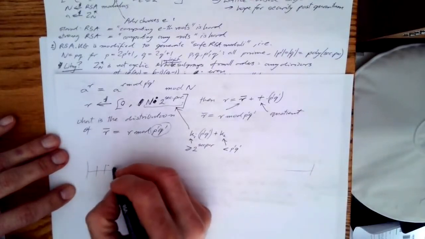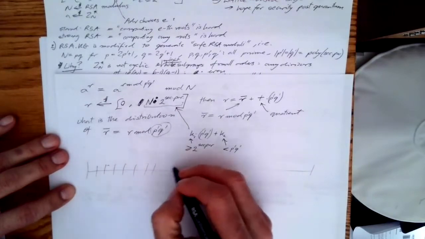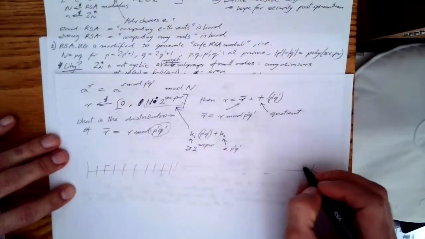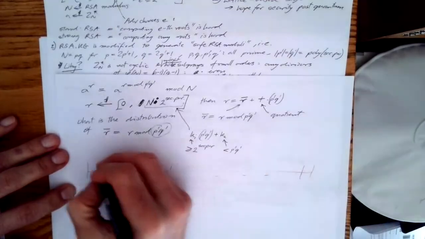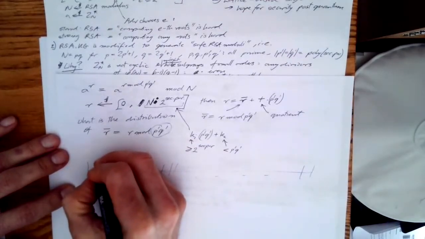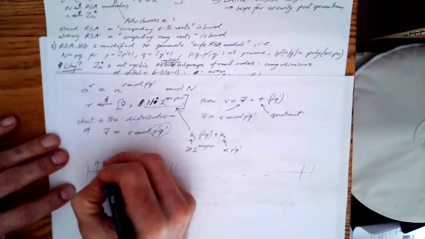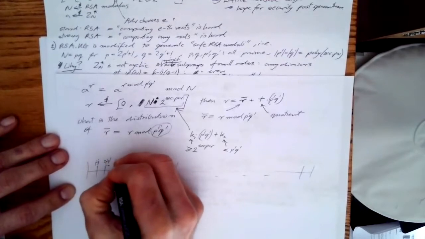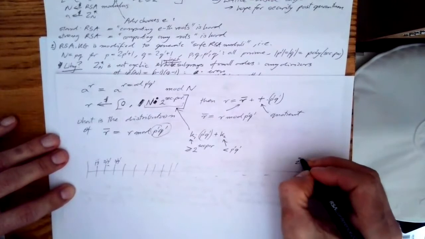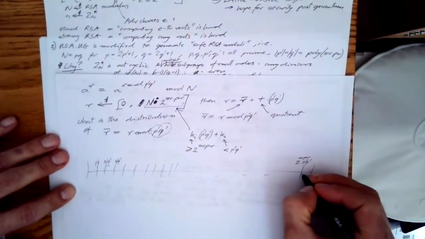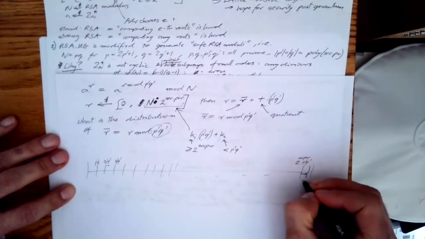Here are the exact multiples of p prime q prime: p prime q prime, 2 p prime q prime, 3 p prime q prime, and here is 2 to the security parameter times p prime q prime, and here is some overhang, k1, k2.